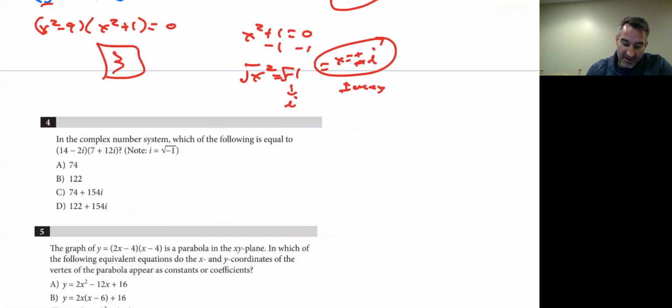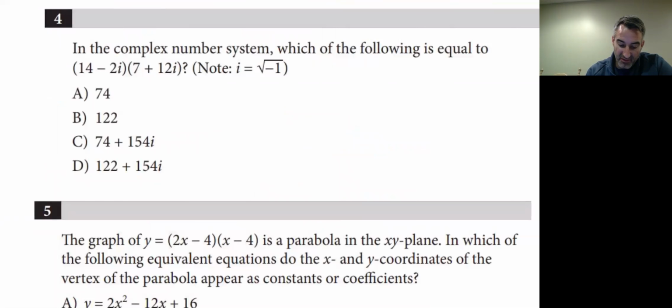4, all right, complex. This is just distributed. 14 times 7, so in my calculator, I'm just multiplying. So that's 98. And then I do the ends, -2 times 12. So that's -24i squared. Now I do math.